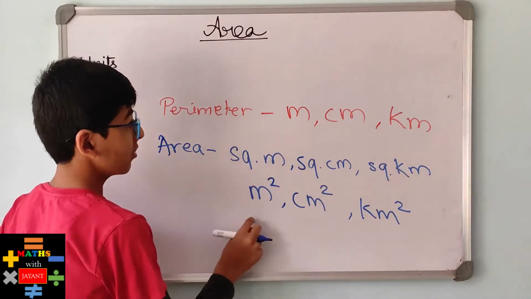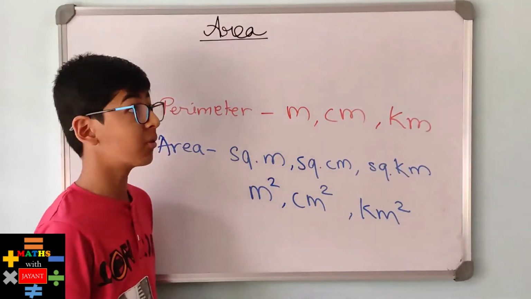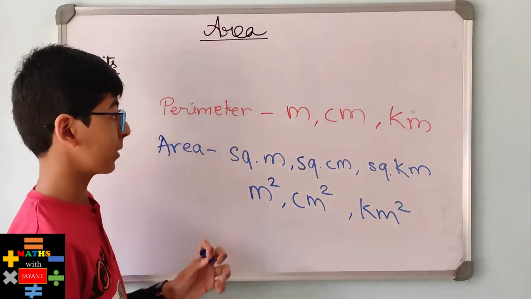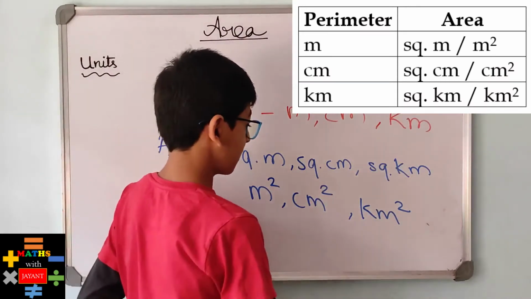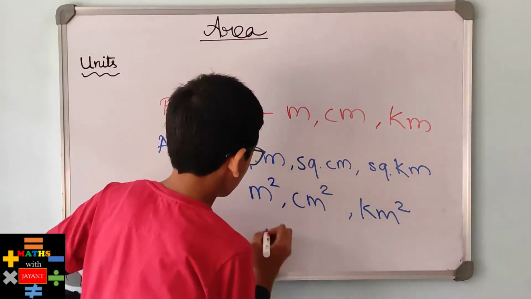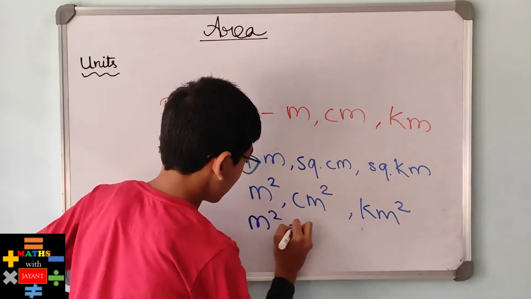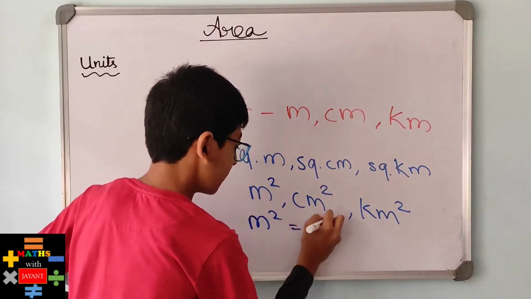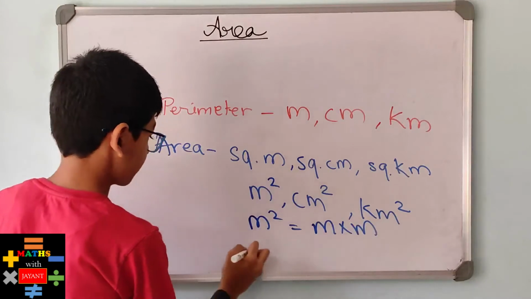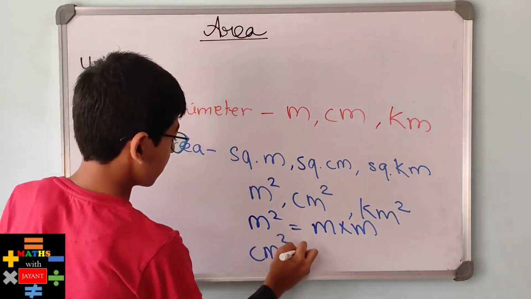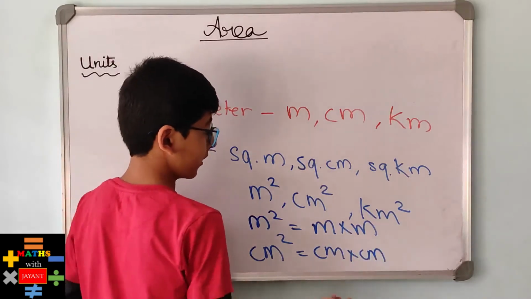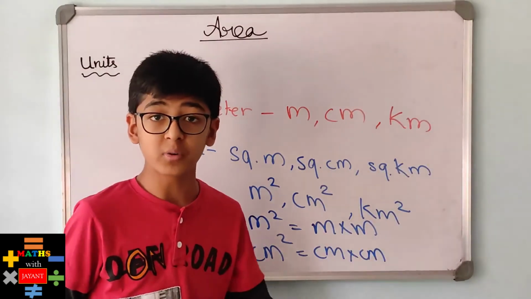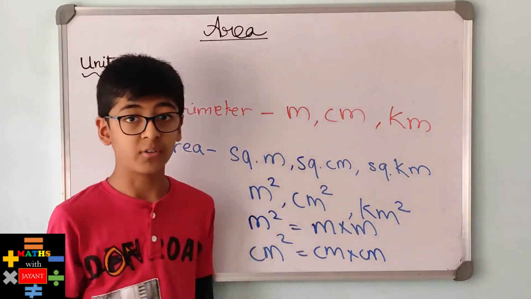So what do these each mean? Meter square or square meter means meter into meter. Similarly centimeter square means centimeter into centimeter. Kilometer square will mean kilometer into kilometer, and so on.